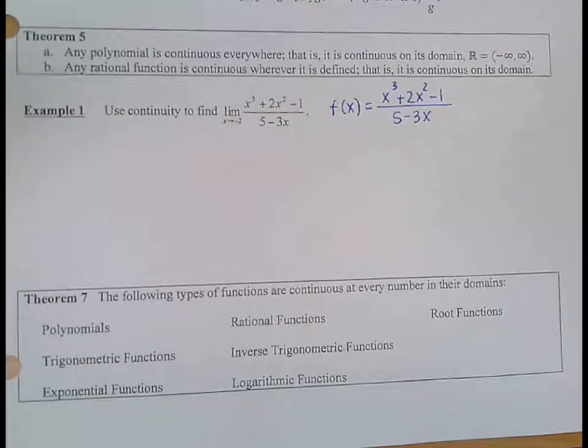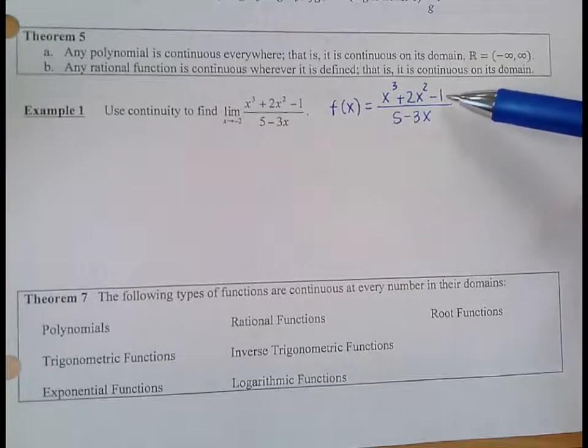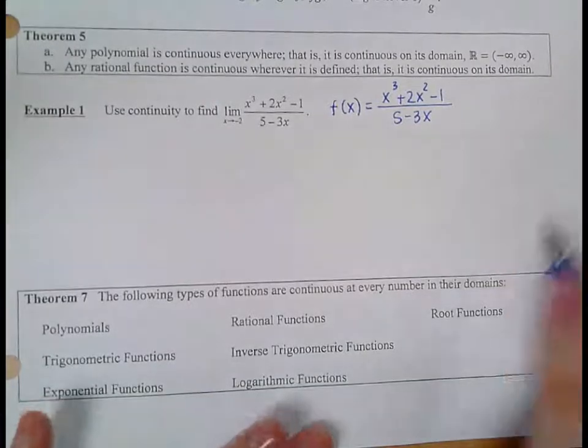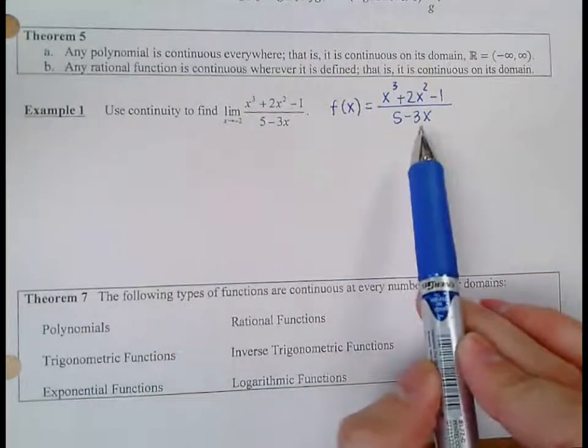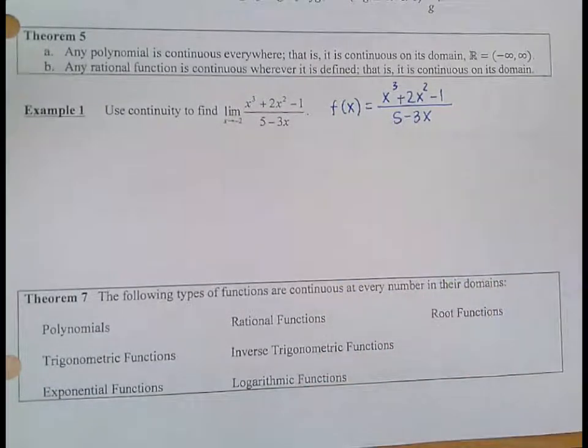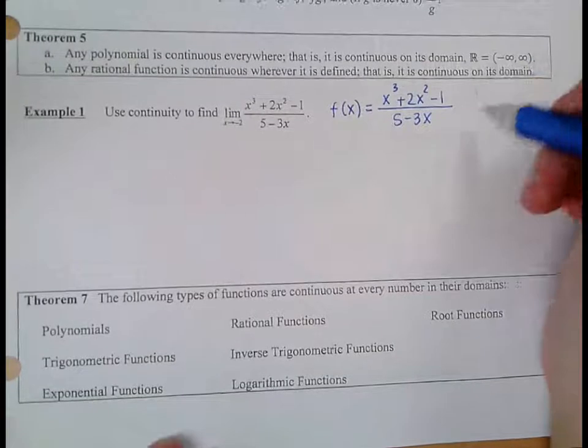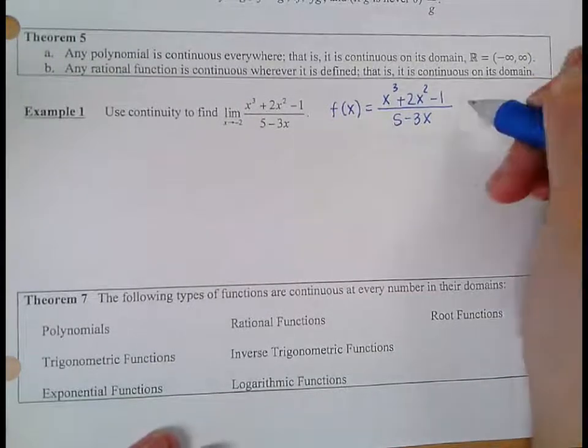What type of function would you say this is? It's rational. It has a polynomial in the numerator and the denominator, so it's a rational function. So I know if f of x is a rational function, it's continuous on its domain. So I can find where it's continuous.